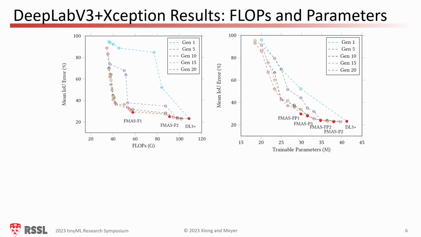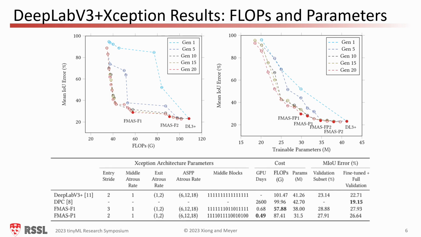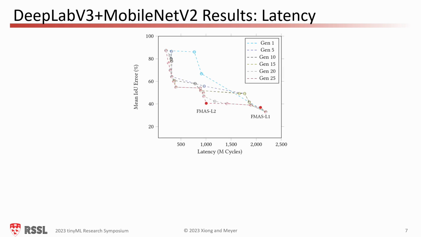So when we do this for Xception, we can dramatically reduce the number of flops and parameters, and we can do so by spending basically half a day on a search, either for one or the other. And it does, as you can see, cost us a few percent in the error, but you can also see, compared to DPC, we're not spending 2,600 GPU days to perform our optimization.